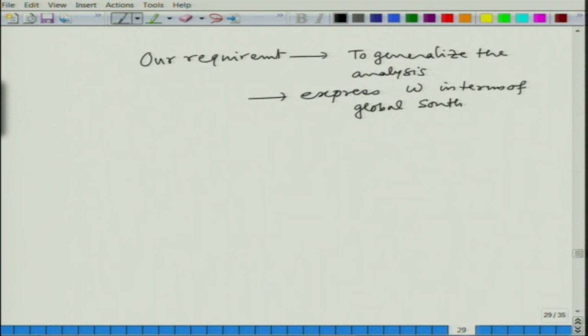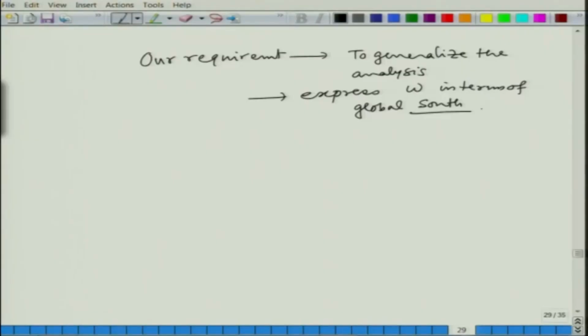Actually, if you fix it with global south, then the whole reference frame is fixed. You do not need to fix it with global north, east, west, all those things, just one direction is fine, and we have chosen that to be south.